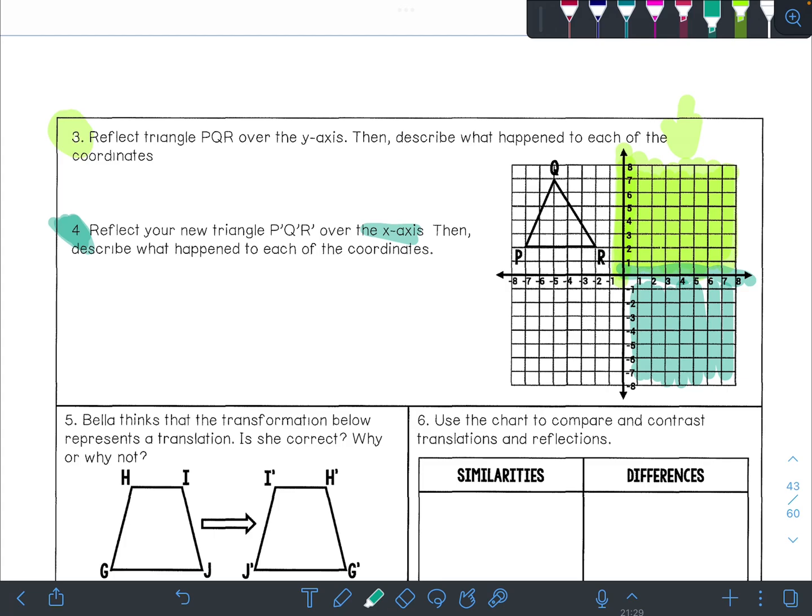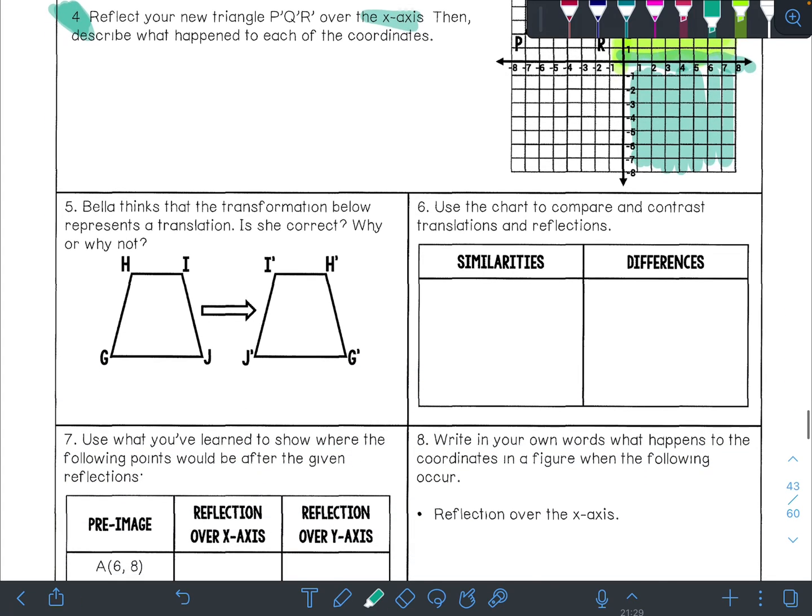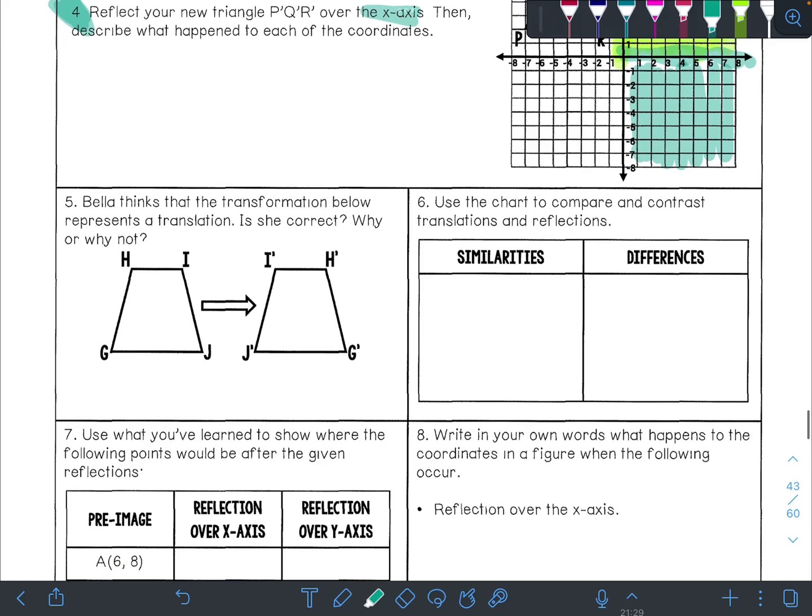I want you to try that one here in a minute, but let's look at 5 and 6. So Bella thinks that the transformation below represents a translation. Is she correct? Why or why not? So remember with a translation, our translations slide. So if it would have gone this direction, my eye point would have slid over here, and this is where my eye would have been.